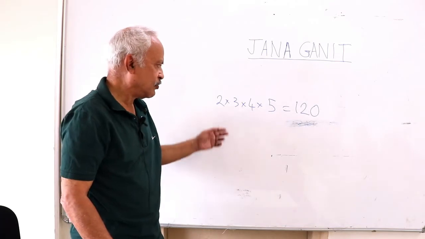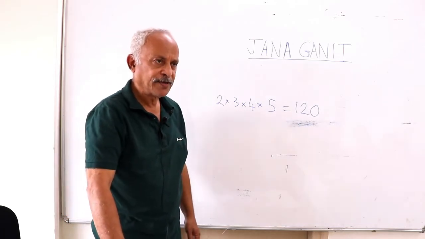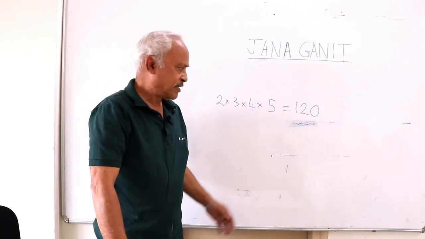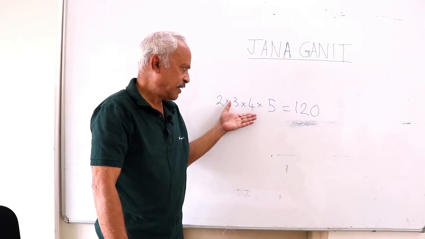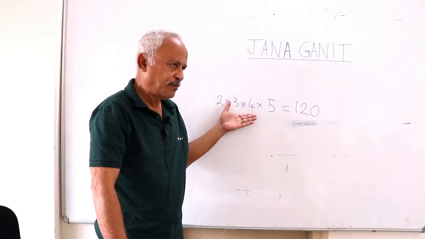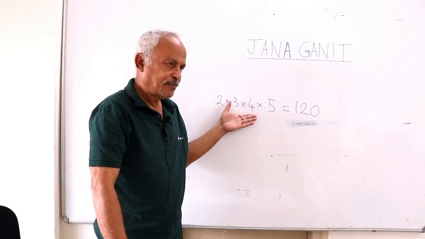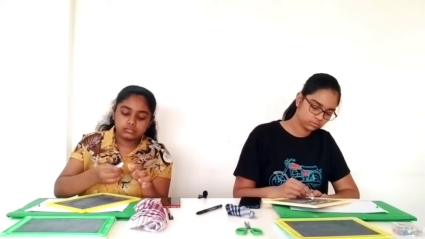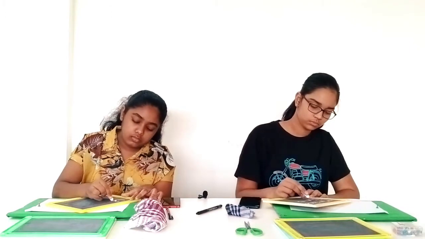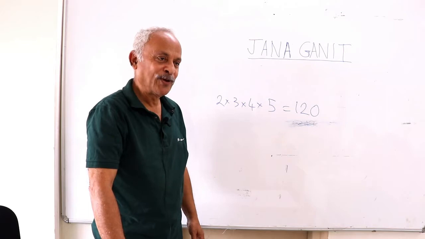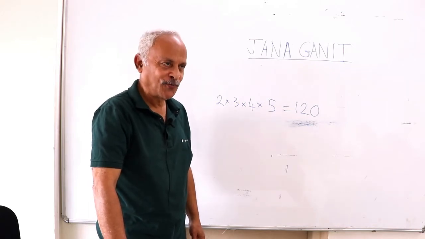Both of you have written 2 into 3 into 4 into 5. But this is not the shortest form. What is the shortest form? Okay. 120 is also a very short form, yes.